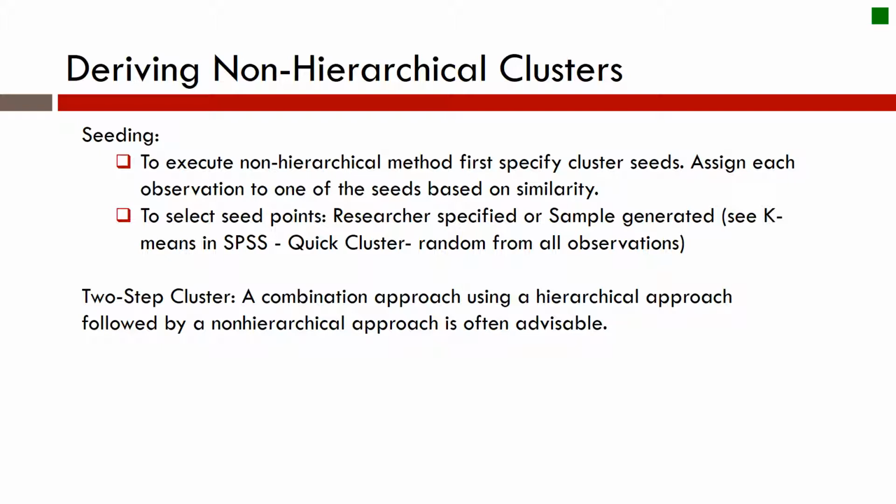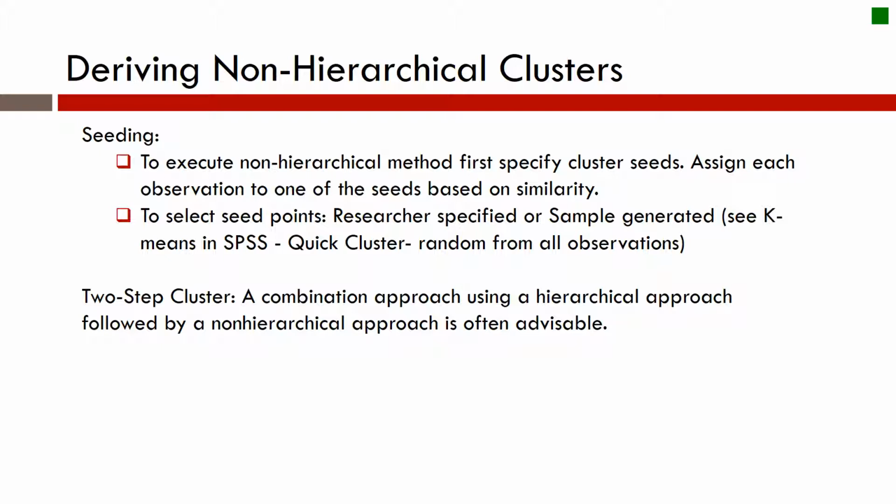It's similar to the centroid notion that we have in discriminant analysis, where we have a grouping and then we take the center point of the grouping, and the question is, where would that center point be to start? That would be the seed. It may be a case where you identify that in advance because of some former research that you've done, or you let SPSS or your data software assign that initial start point.